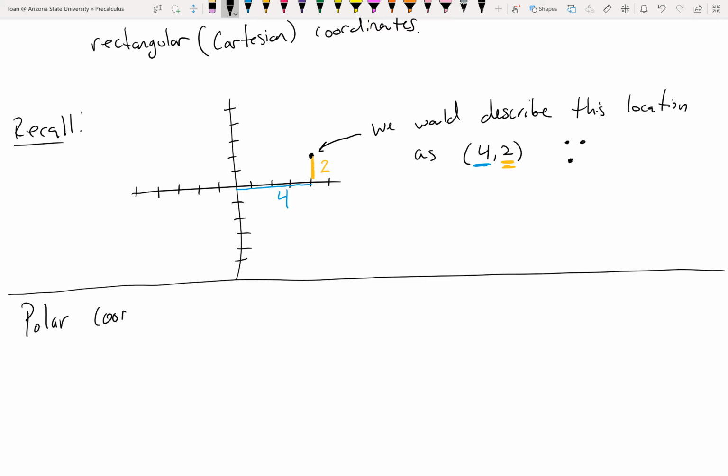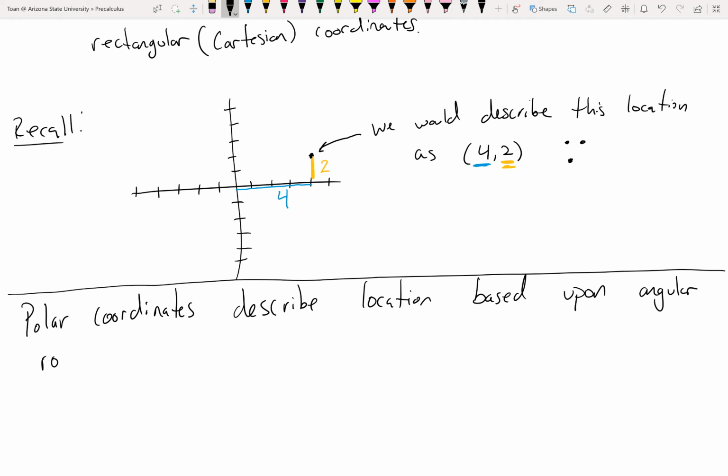Polar coordinates describe location based upon angular rotation and linear distance from a set starting point.